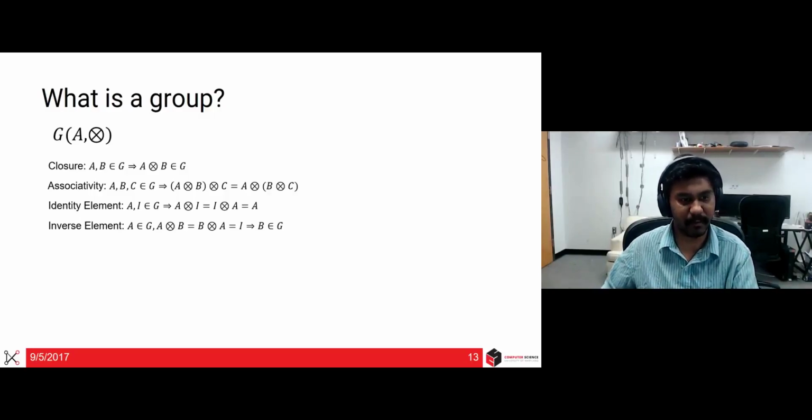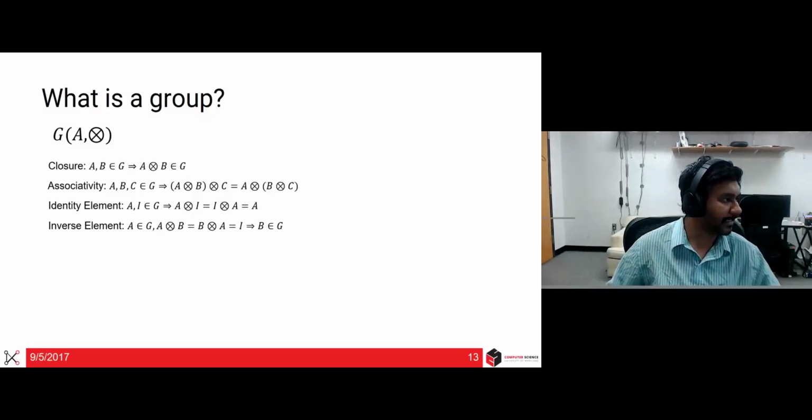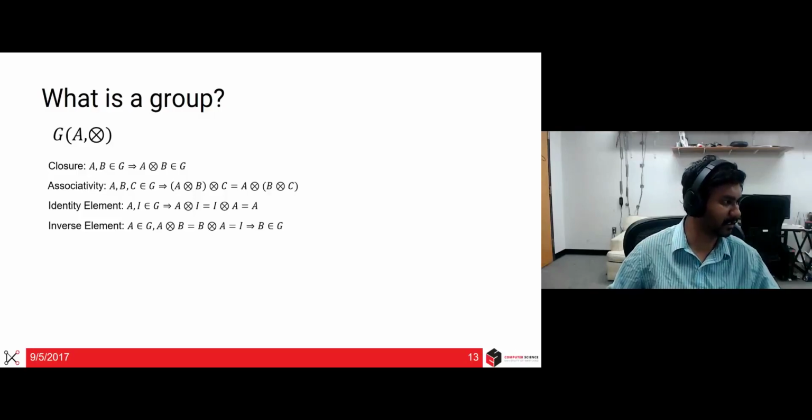So anything multiplied by the number 1 should get back the same number. And we also need to have a property about the inverse element, which is if there is an element in the group, the inverse element should also belong to the group, such that the operation between this element and the inverse element is the identity which we defined before.